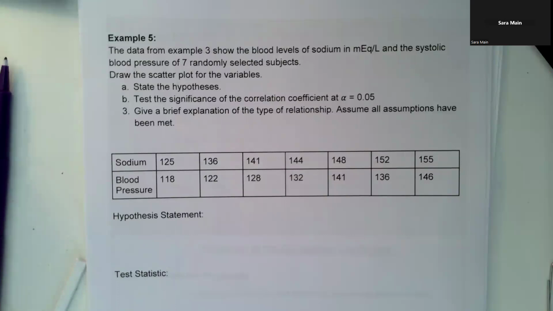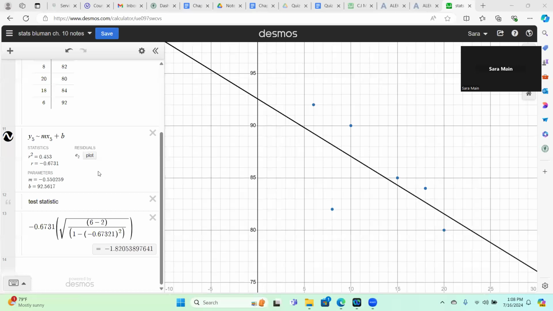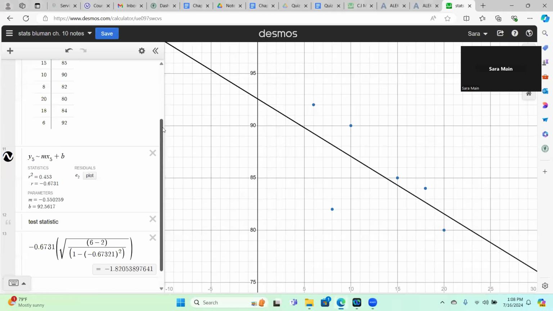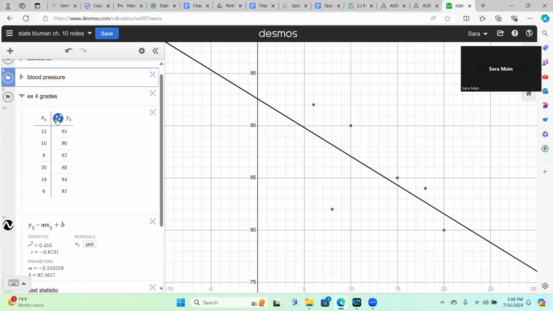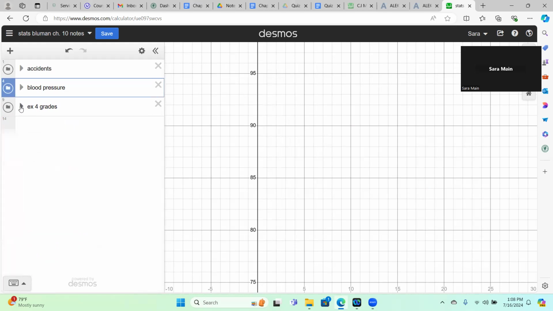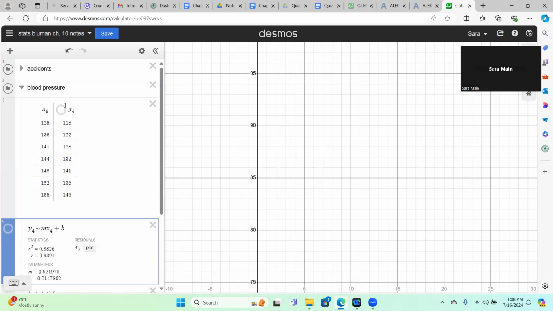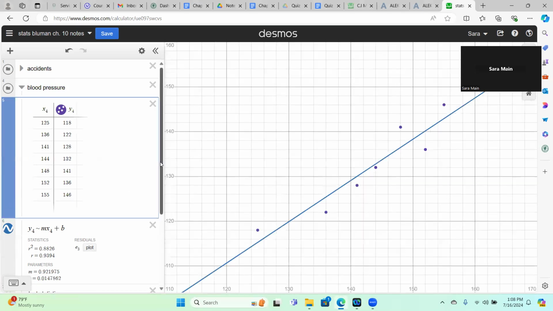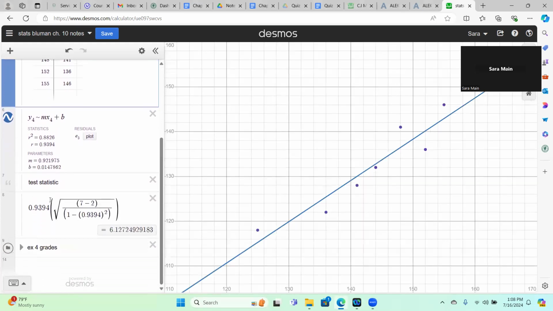So let's go to our Desmos so we can just check it out. I'm going to turn off these graphs. Let's just look at the data from the blood pressure. So we said there is a relationship. And our R correlation coefficient was 0.9394, so it was high.